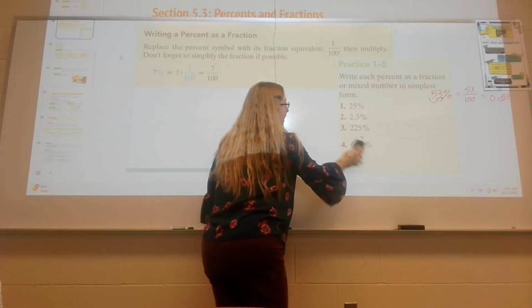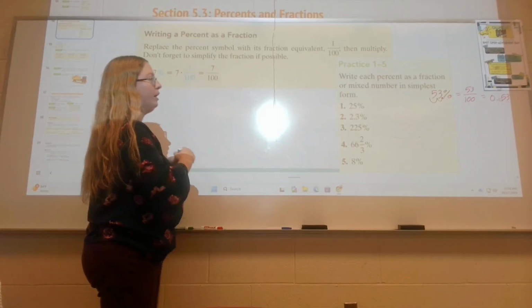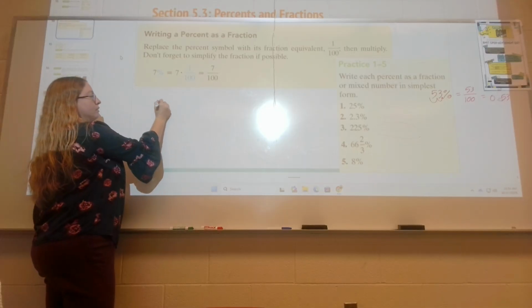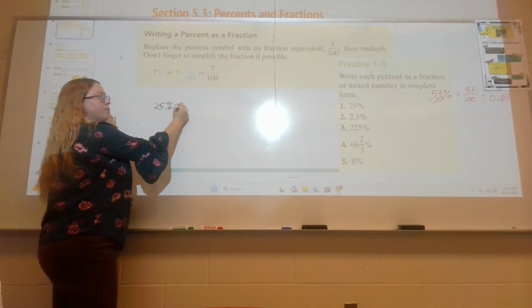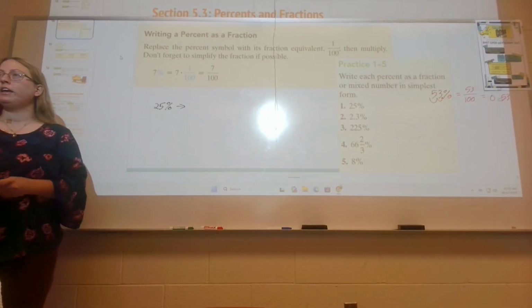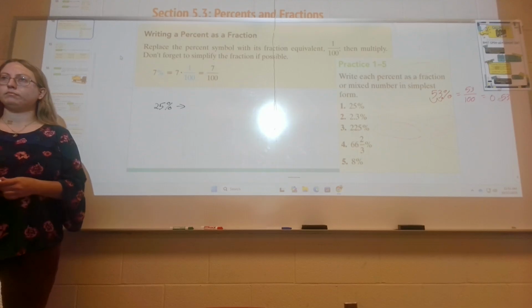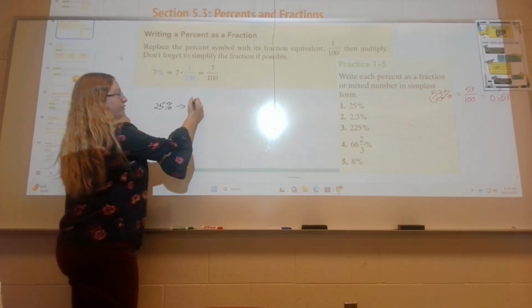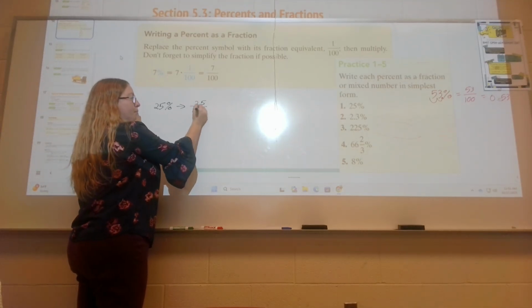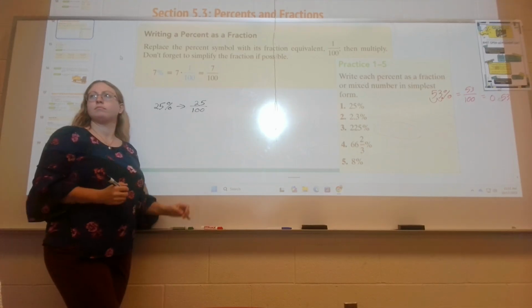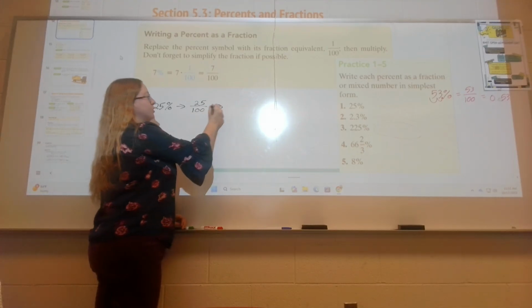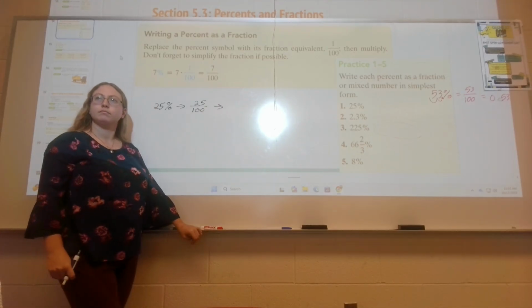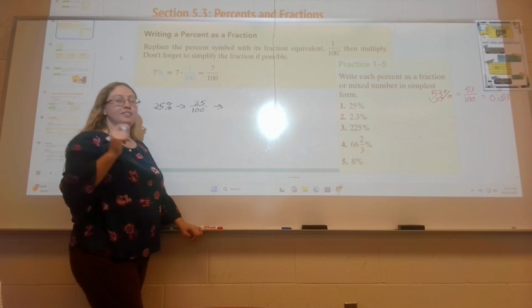So let's say I was looking at number 1, so 25%. 25% as a fraction is what over what? 25 over 100. But is that the simplest form? No. Both numbers are divisible by what? 10. 5. 25 is not divisible by 10.